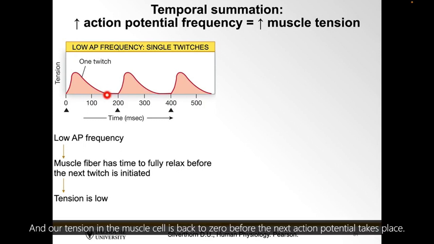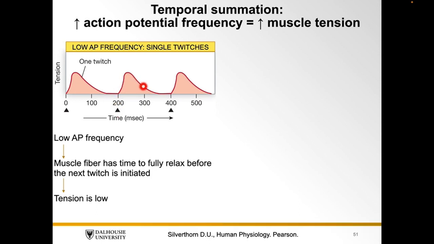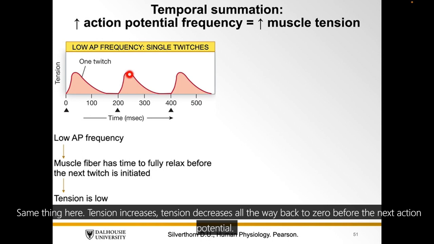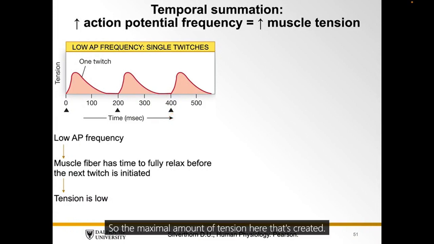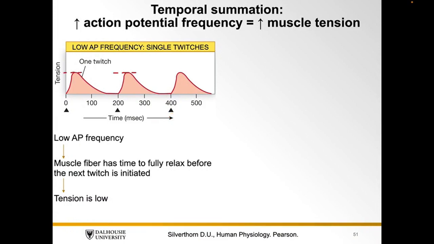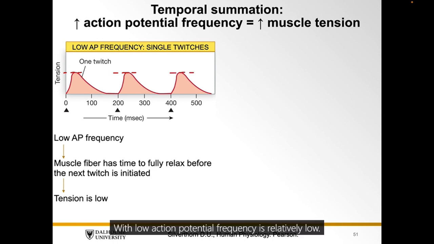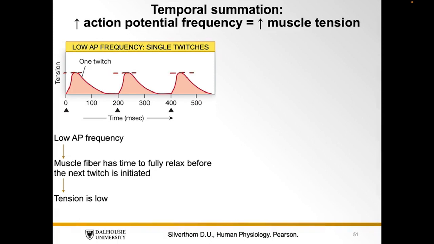Our tension in the muscle cell is back to 0 before the next action potential takes place. Same thing here. Tension increases, tension decreases, all the way back to 0 before the next action potential. So the maximal amount of tension created with low action potential frequency is relatively low.